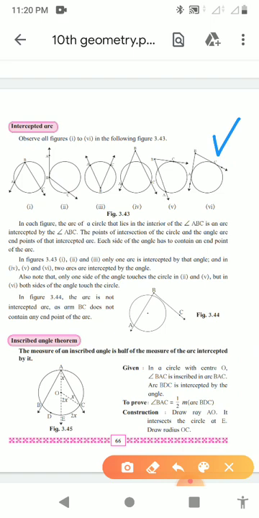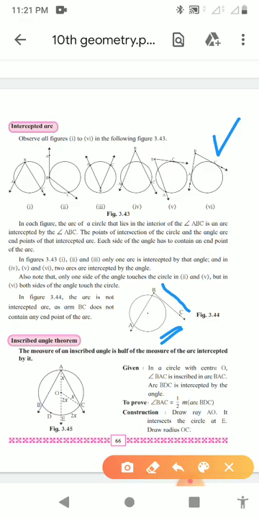Now if we see this diagram, the most important concept here is that the arc is not an intercepted arc, isn't it? Why is this not intercepted? The complete line BC does not intercept the circle, or we can say the side BC, or arm BC, does not contain any point of the arc.